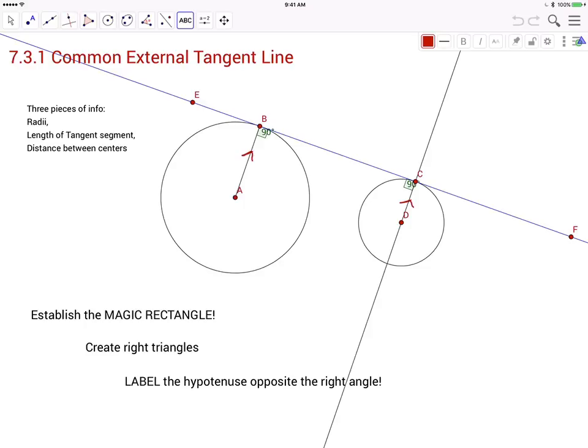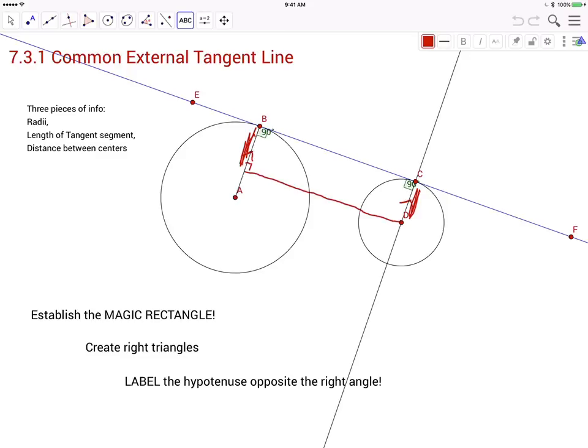Well, we know from the perpendicular postulate that if there is a point like D, I can take D and slide, and there is a perpendicular that hits this other one over here. Now what you notice is that I have now created what I call the magic rectangle. The radius here is replicated over here.